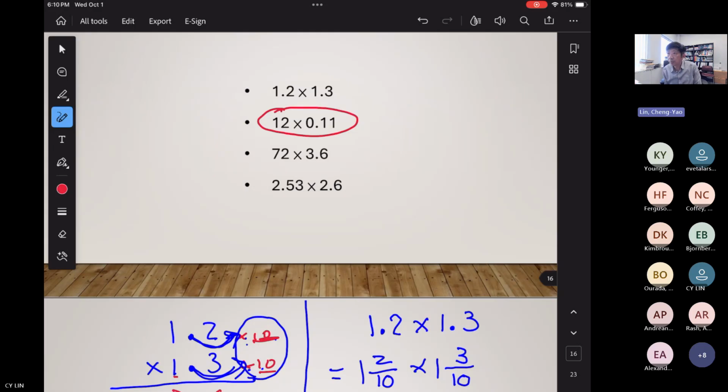I'll give you a minute to do this. Take 12 times 0.11.